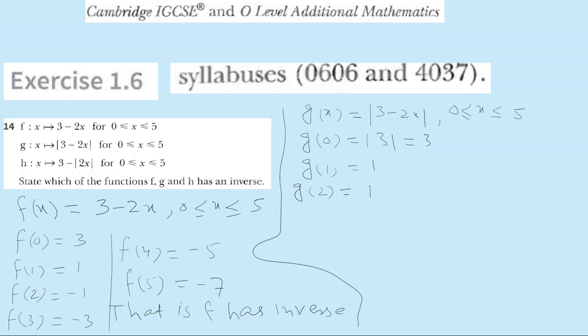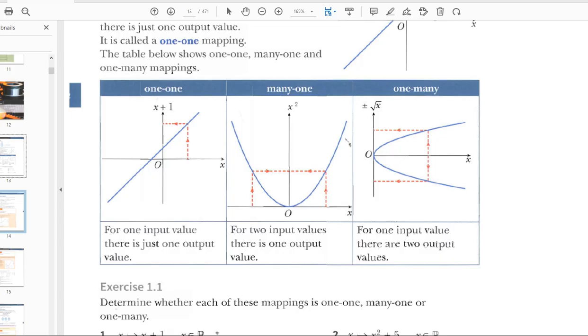No need to find further values because you can see clearly, for two input values, this one 1 and this one 2, we are getting one output value. For two input values, there is one output value.